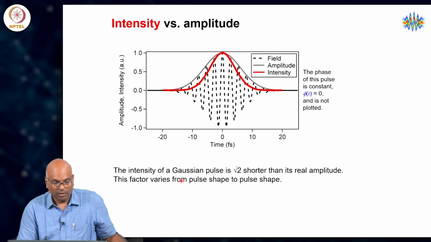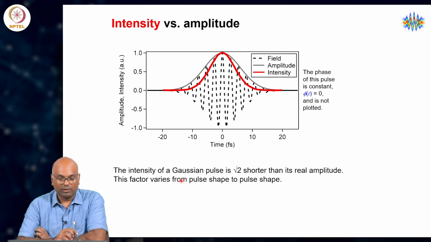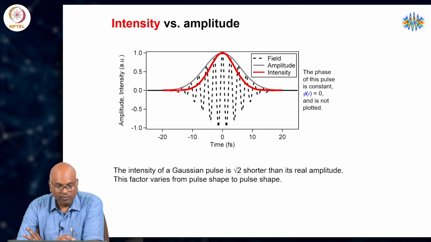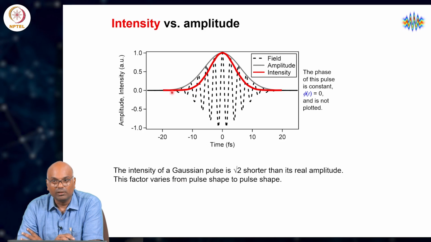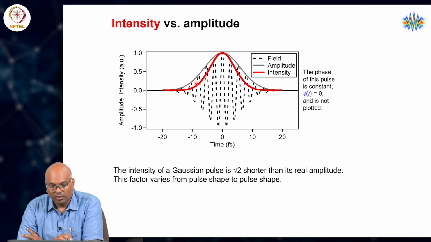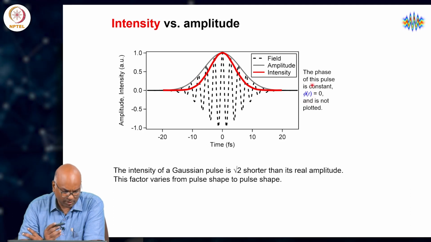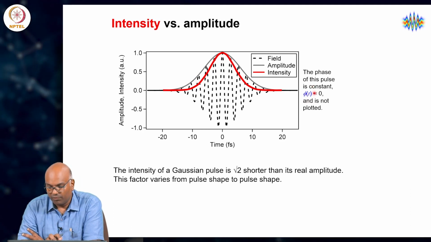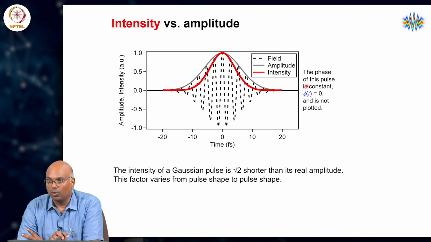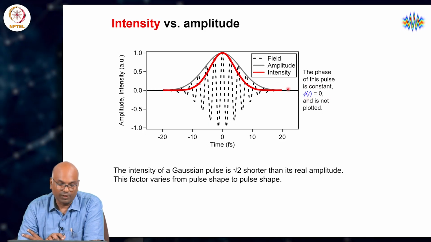If we sketch this for the case of what we may call an ideal Gaussian pulse. In the case of the ideal Gaussian pulse, ideal meaning just a Gaussian pulse, that is to say, phi of t is identically 0 for all values of time.